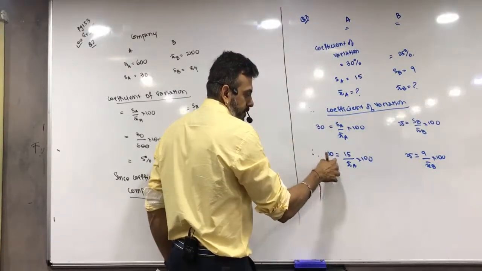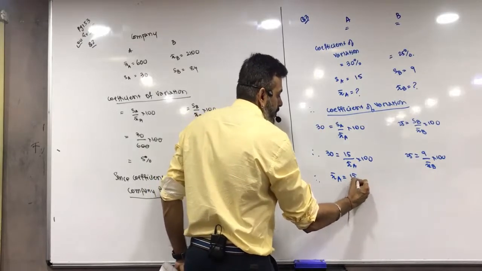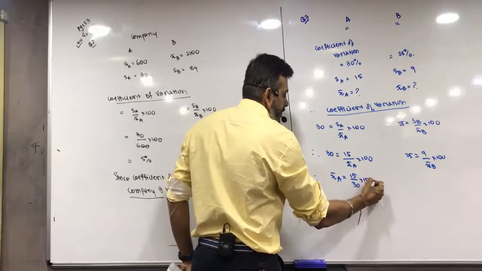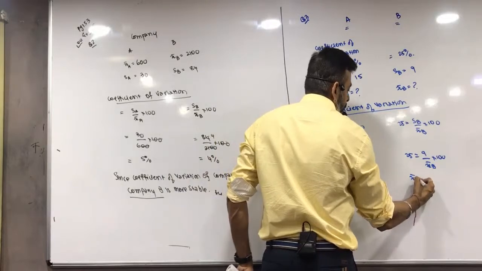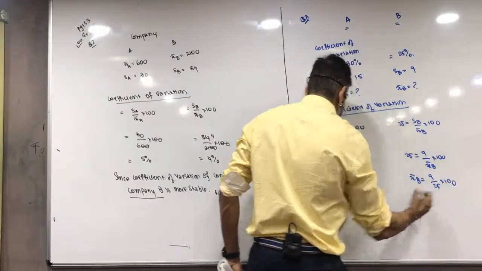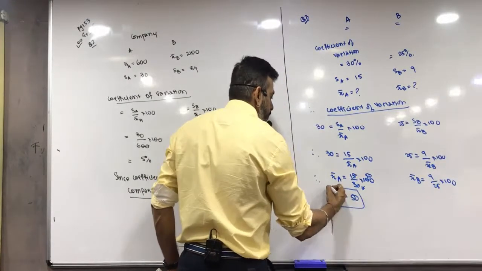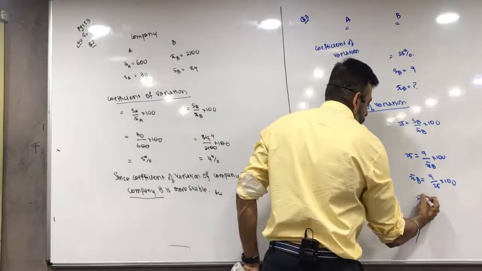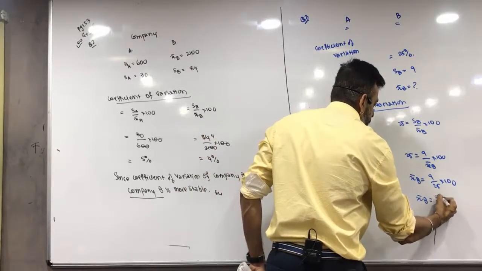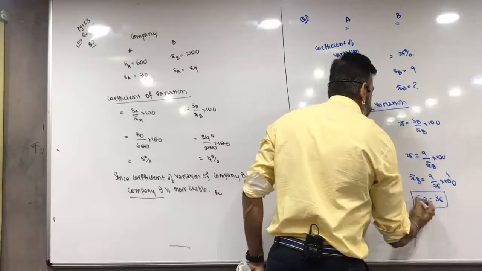Therefore, x bar A is equal to 15 by 30 into 100. X bar B is equal to 9 by 25 into 100. 50, mean of first series. 36. Answer.